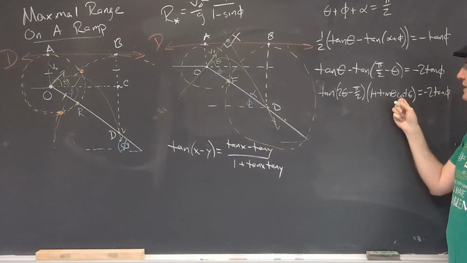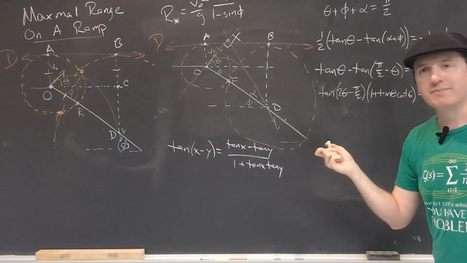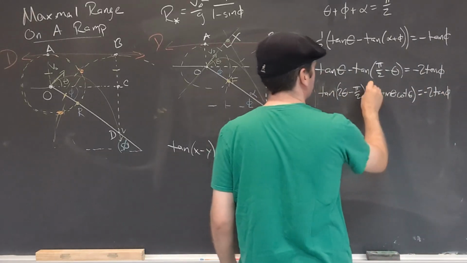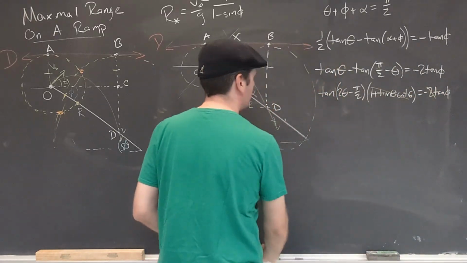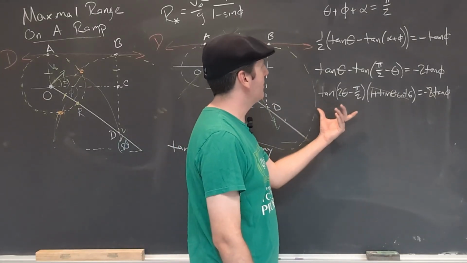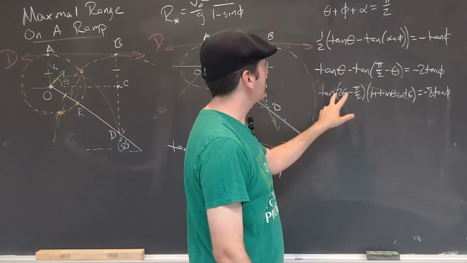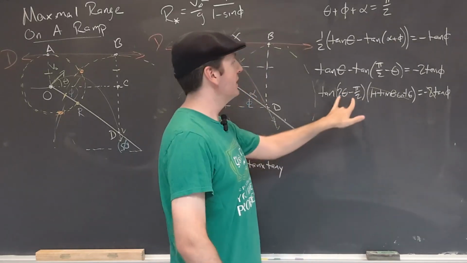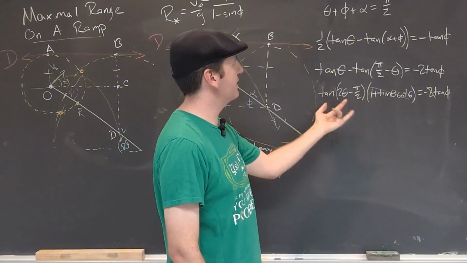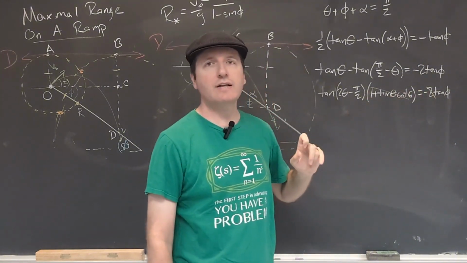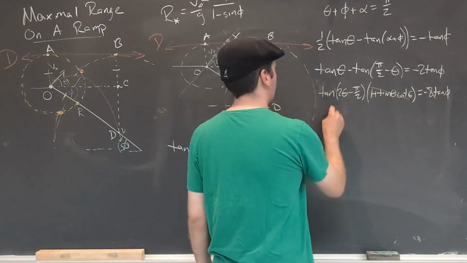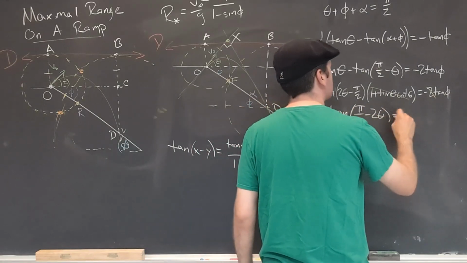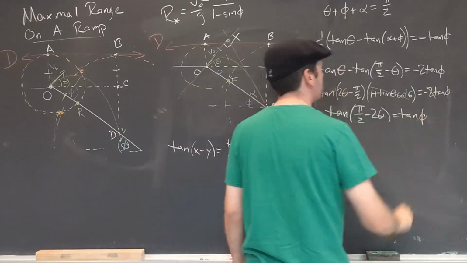Tan times cotangent is 1. And then 1 plus 1 is 2. So I can see immediately that this term and this 2 will cancel. Okay, now we're almost done. Let's go ahead and use the odd property of tangent. It's an odd function, to basically flip this argument here and then cancel the negative sign on the other side. So we'll have tangent of pi over 2 minus 2 theta must equal tangent of phi.